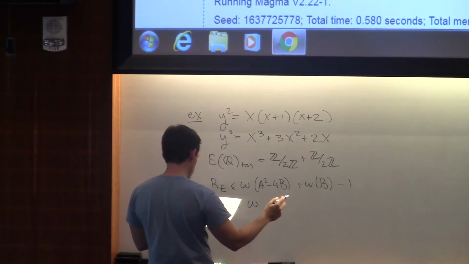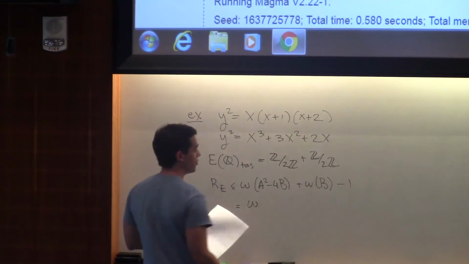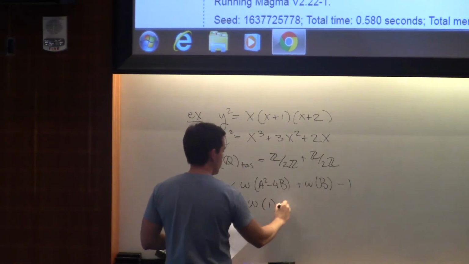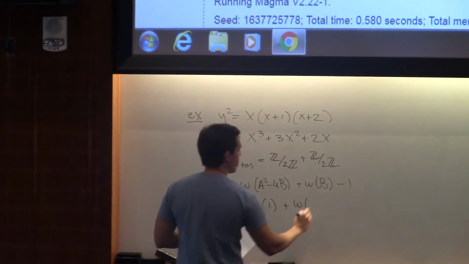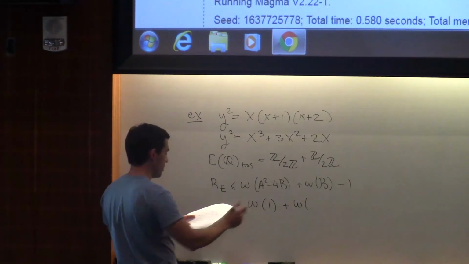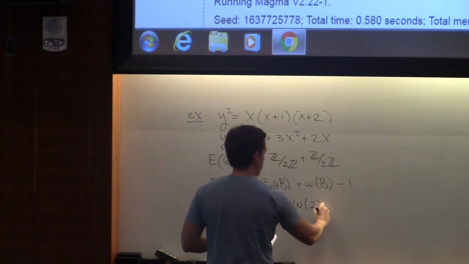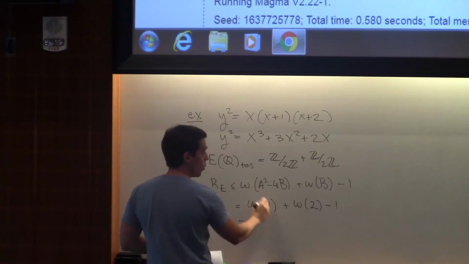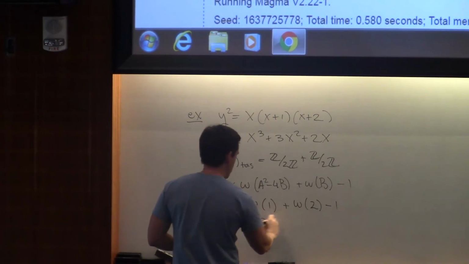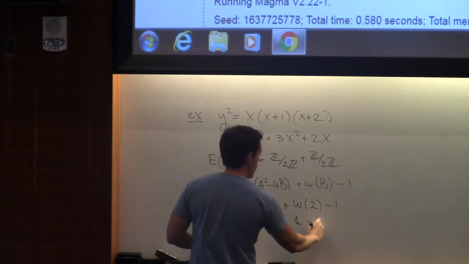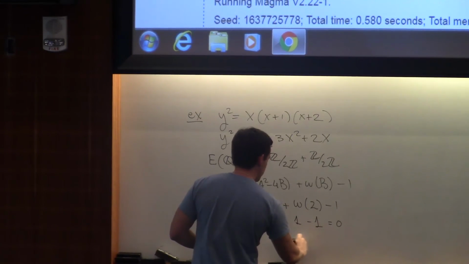What is that? That is the number of prime divisors of 9 minus 8, that's 1. Plus the number of prime divisors of 2 minus 1. There are no prime divisors of 1, this is 0. Plus 1 minus 1, that's 0. So the rank is 0.